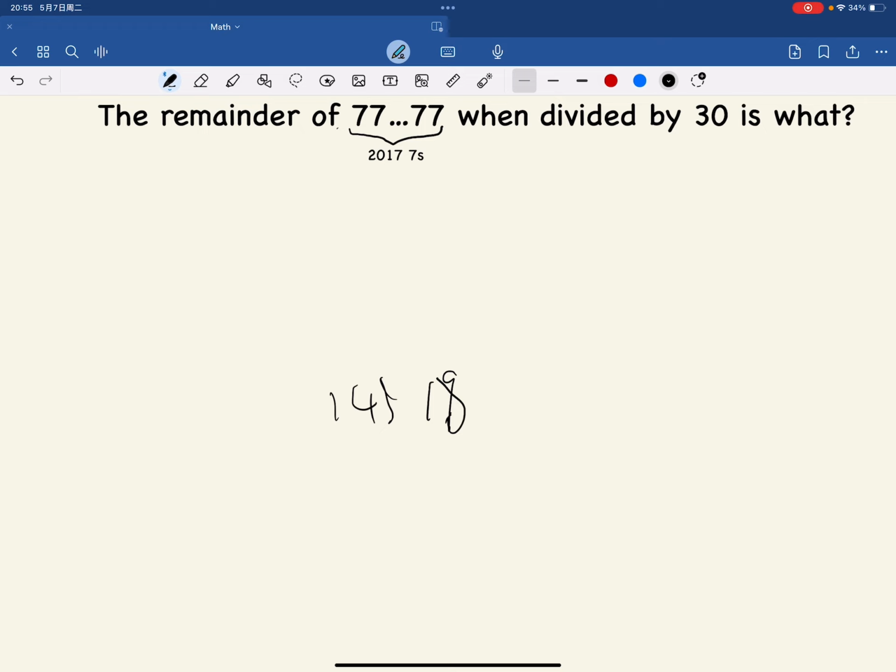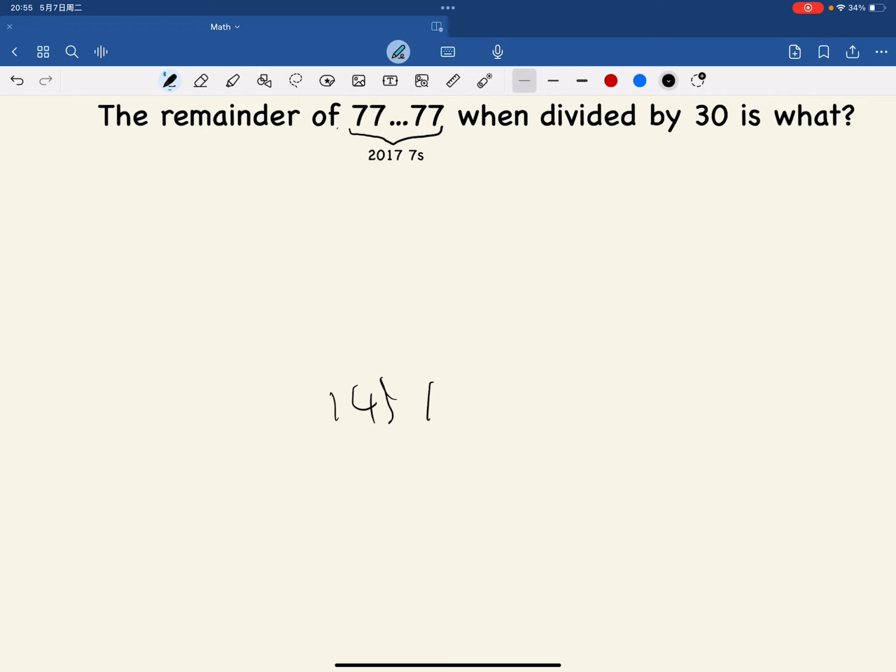So a 6 minus a 0 is 6 in difference. And 6 is divisible by 3. So if we change the ending 6 to a 0, it would still be divisible by 3. So if we change it to 2016 sevens and one 0 at the end, it would still be divisible by 3. And I can also prove it to you.